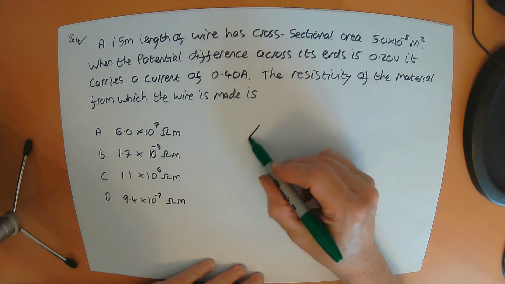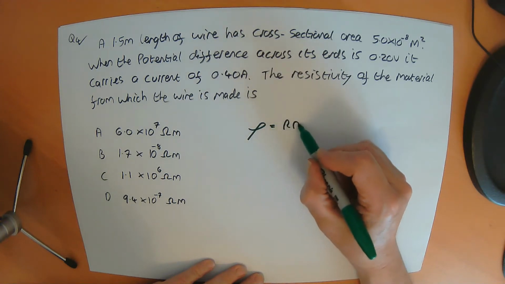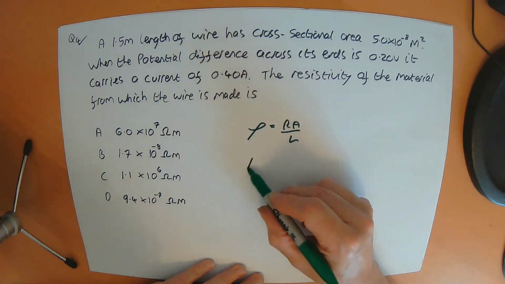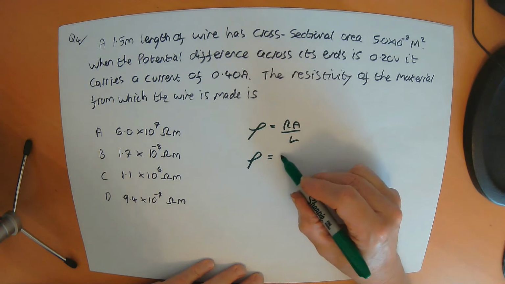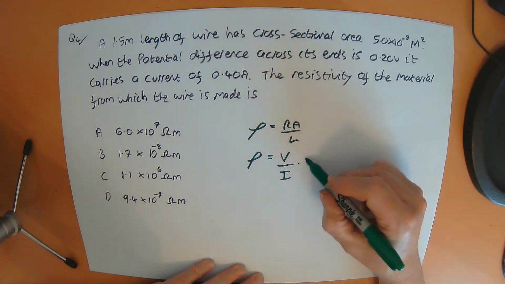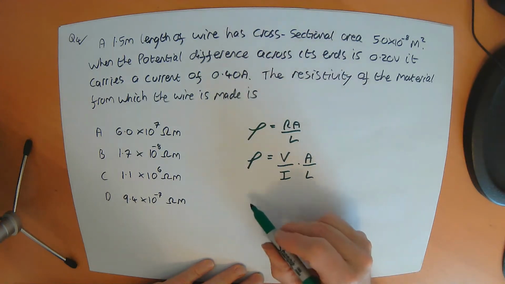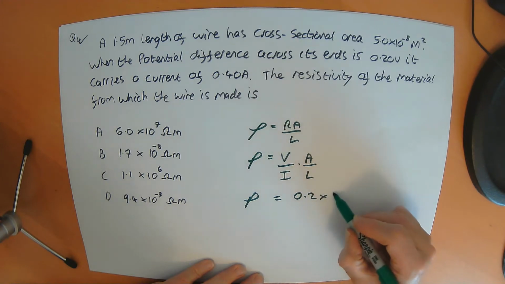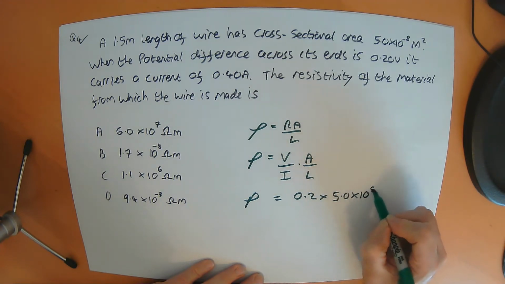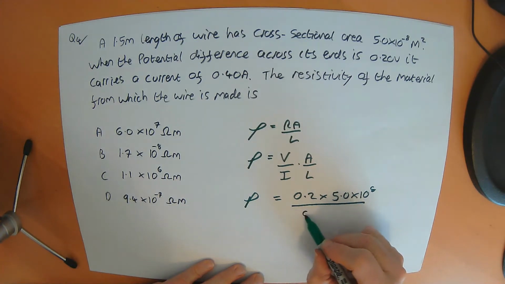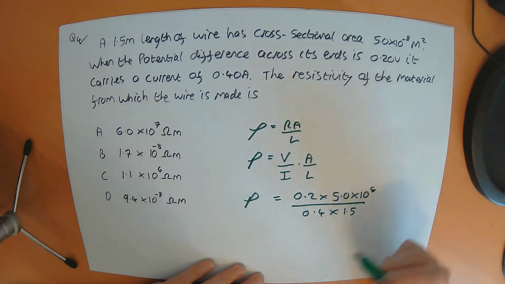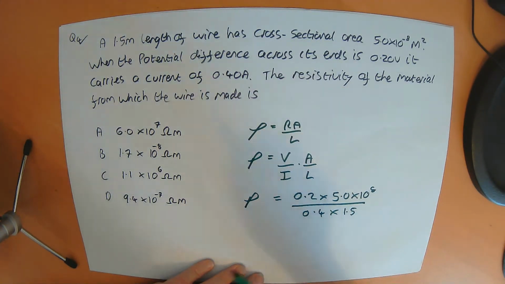So we have again the formula ρ equals RA over L, but we don't have resistance, we have current and voltage, so we substitute from Ohm's law. ρ equals V over I times A over L. In that case we have ρ is equal to 0.2 times 5.0 times 10 to the 8 divided by 0.4, the current, times 1.5, the length in meters. And this gives us an answer of 1.7 times 10 to the minus 8.